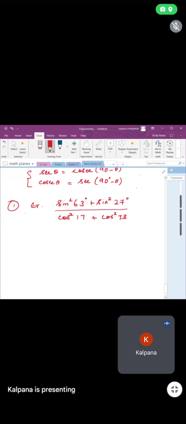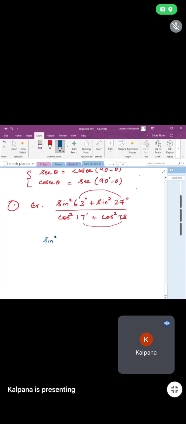Tell me, children, look at the numbers here. 63 plus how much will you get 90? 27. Yes, 63 plus 27 will give you 90, so these two numbers are complementary. And again 17 and 73 will give you 90. Now we have to change any one of the numerator terms and one of the denominator terms, not both.